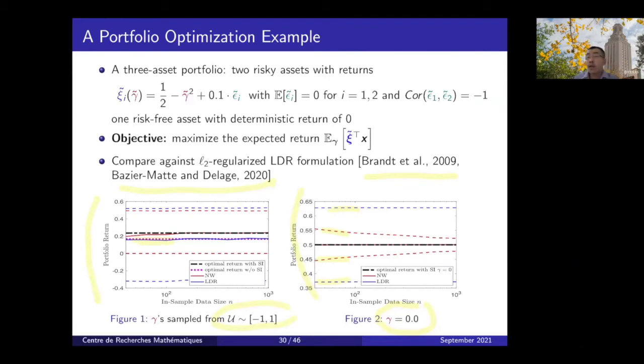This is because the regularization term encourages a portfolio with lower standard deviation. Just a remark that in this toy example, one can formally prove that the decision rule approach will not make use of the side information. That's why we see that the performance is not better than the stochastic model without side information.